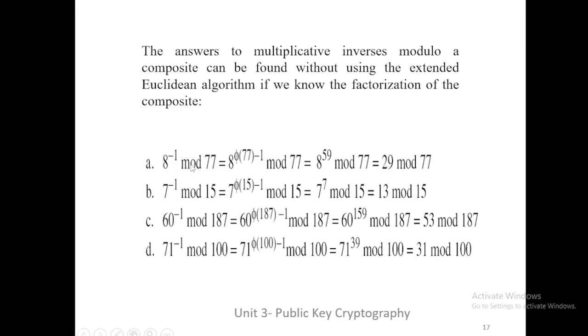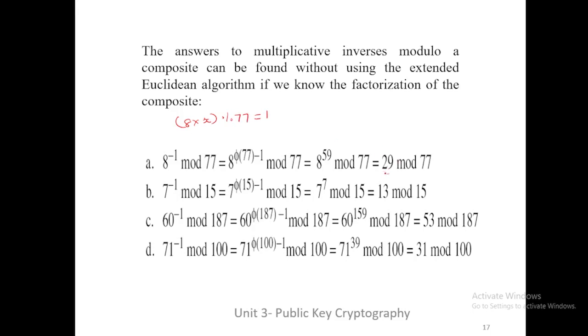So 8 inverse mod 77. If you multiply 8 and 8 inverse, here I am taking the multiplicative inverse of 8 as x. So 8 into x mod 77 should be equivalent to 1. So we should substitute x value as 1, 2, 3, 4 like that.